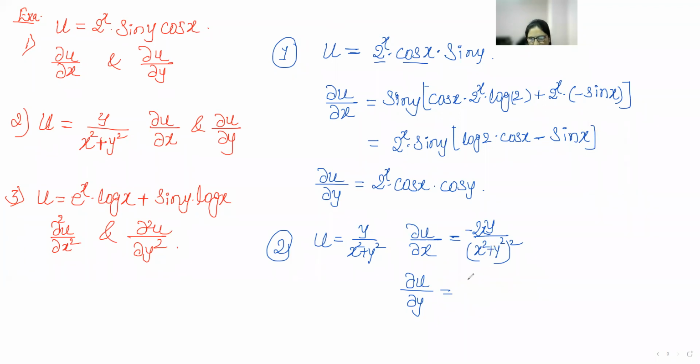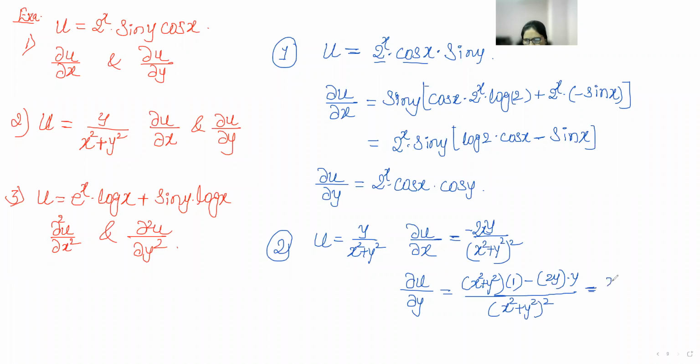First x square plus y square constant. With respect to y, that is 1. It is minus derivative of x square plus y square, that is 2y. 2y into y as it is, divided by x square plus y square bracket square, which is equal to.